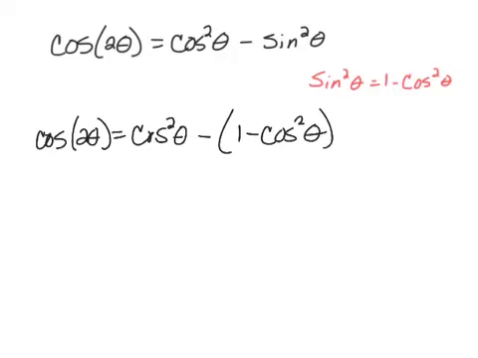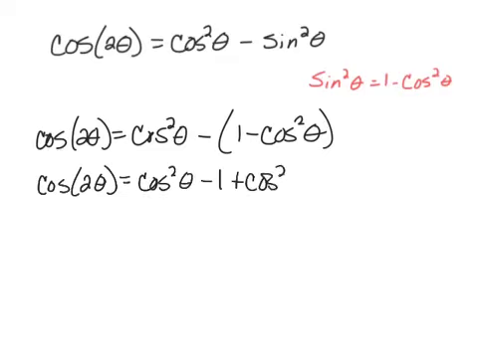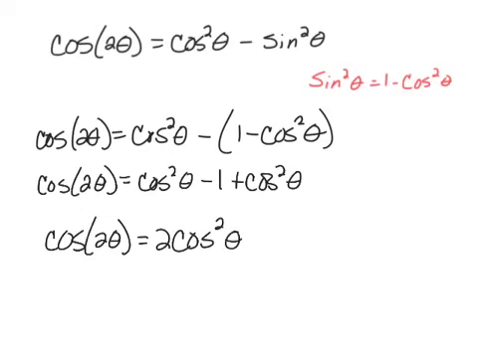So if I take the negative here and distribute into the parentheses, I'm going to have a minus 1, and I'm going to have a positive cosine squared, which looks like this. Cosine of 2 theta is equal to cosine squared minus 1 plus cosine squared theta. So here's the third way to write this. Cosine of 2 theta is equal to 2 cosine squared of theta minus 1.